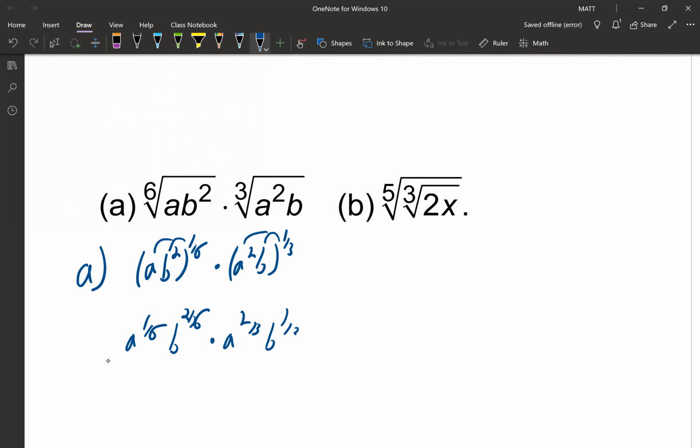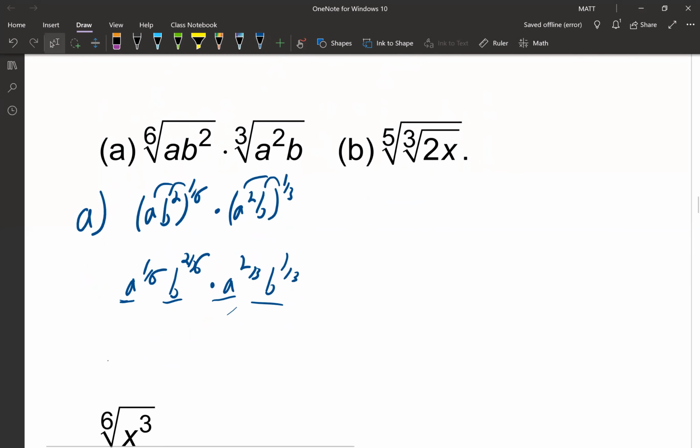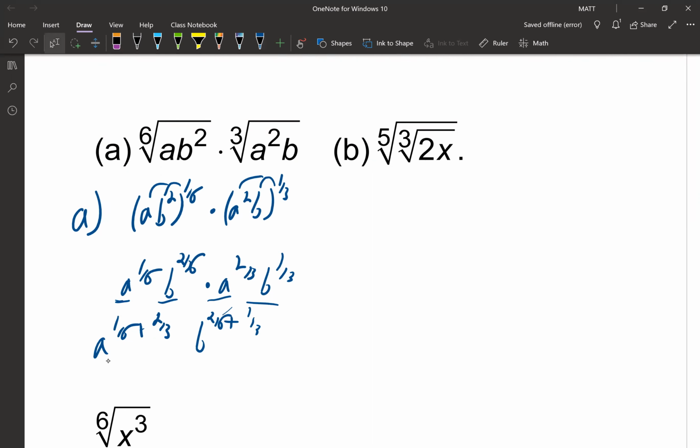And notice we have the same base. We have two a's and we have two b's, so I'm going to combine the a's together and the b's together. If I combine the a's together, we're going to add the exponents, so we have a to the 1/6 plus 2/3, and then we have b to the 2/6 plus 1/3.